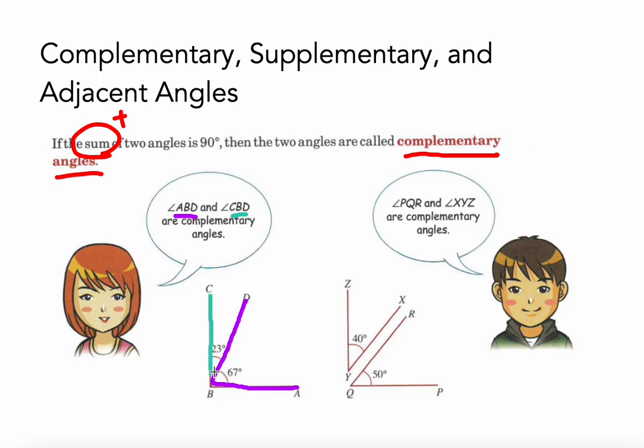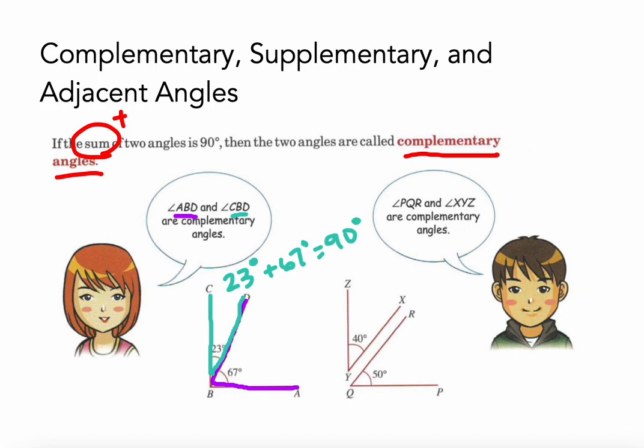CBD. They kind of share that one ray over there. They are complementary to each other because I can add them up. This one is 23 degrees plus 67 degrees. They add up to 90 degrees. They are complementary to each other.